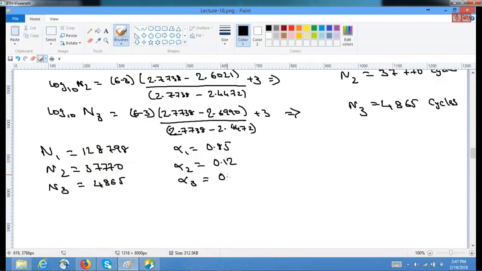So we know 1 over N is equal to alpha 1 by N1 plus alpha 2 by N2 plus alpha 3 by N3.